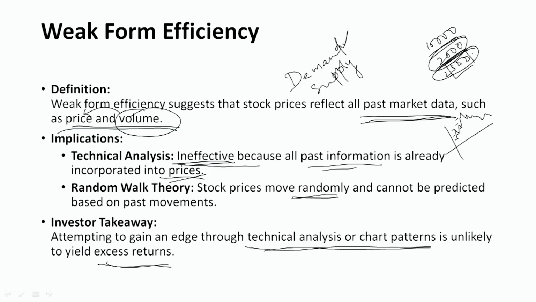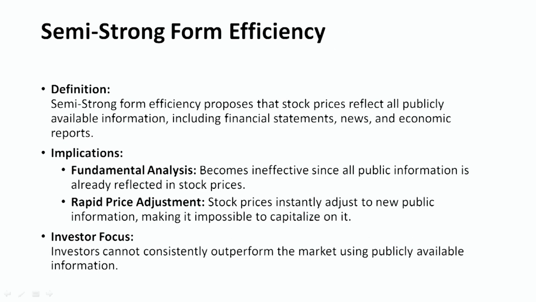That's the study. The semi-strong form of efficiency, as we already told, includes the information which is already in the public domain, that is, historical prices and volume. Along with that, you also have information like the financial statements, any news articles and any economic reports which the government or the company has published.